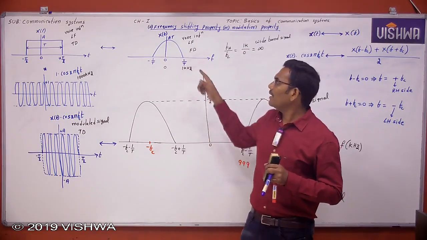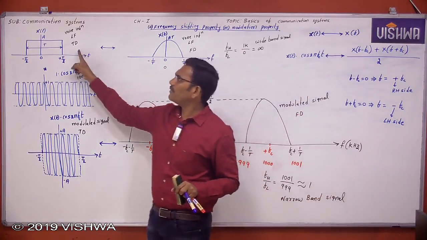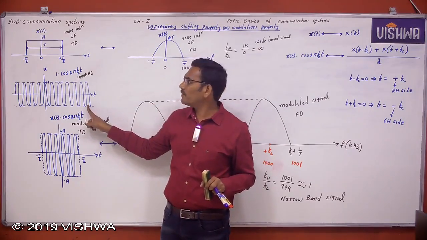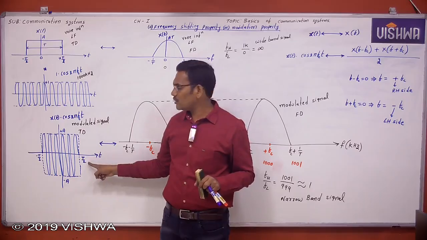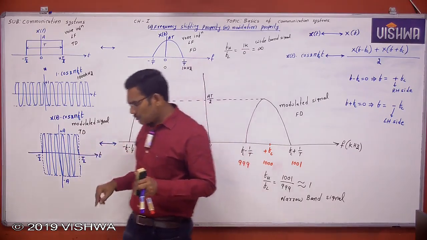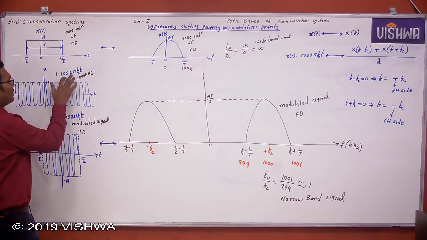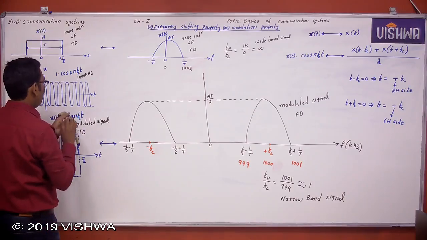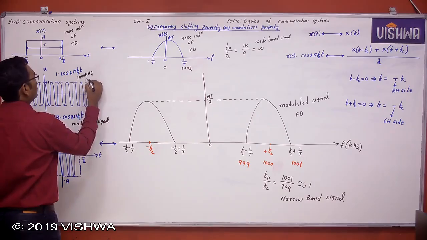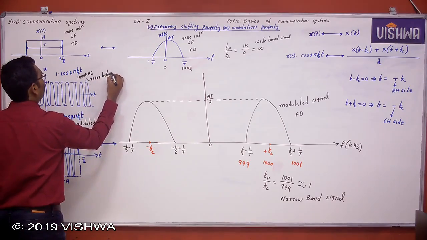Clear or not? This is the way you can see it graphically. This is the low frequency information. This is the carrier signal. You are taking the help of a carrier. And this is after modulation, the modulated signal. This is also the carrier, but this is the carrier before modulation.